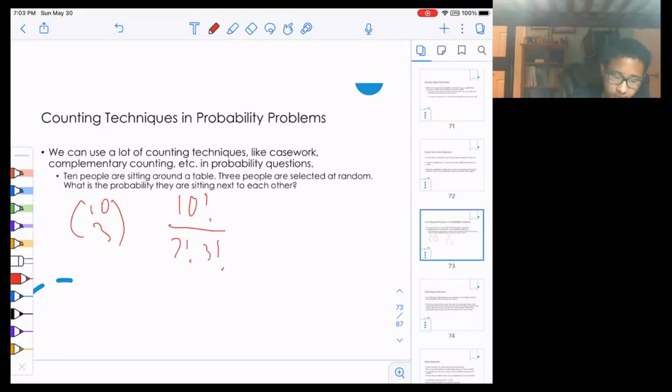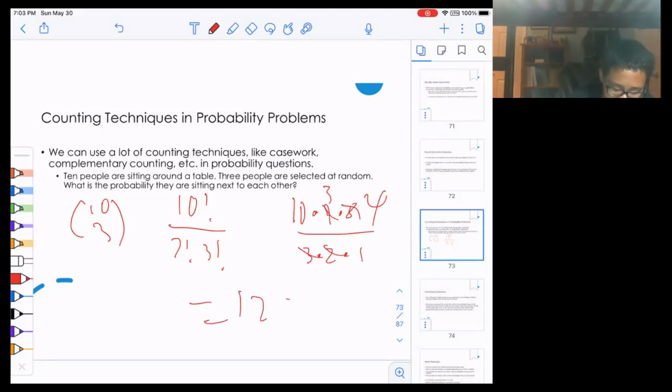That would be 10 factorial divided by 7 factorial and 3 factorial, which is 10 times 9 times 8 over 3 times 2 times 1. We can cancel this out and we get 120.